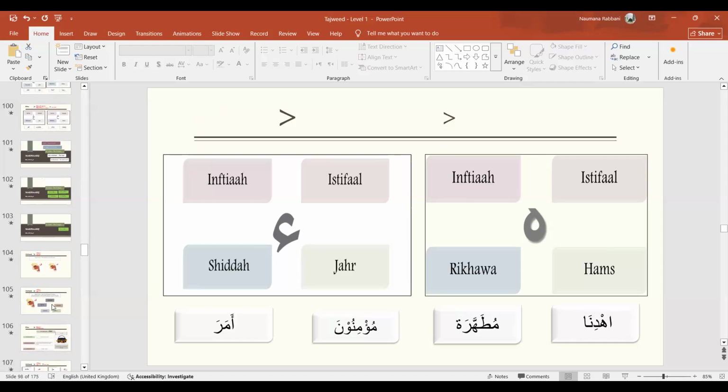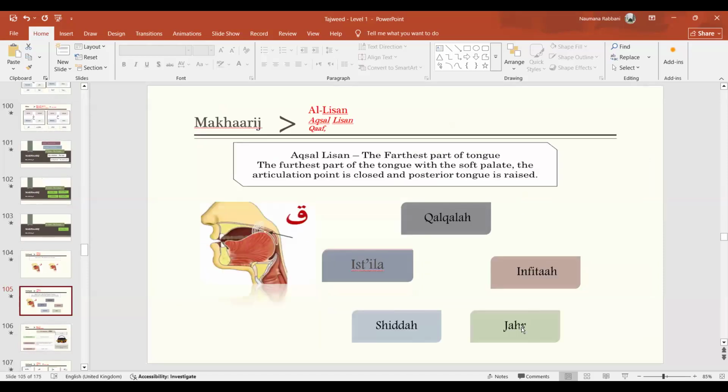But for qaf, because this is further up, there's a sound when the articulation points hit, because of the strength with which they collide. And because the articulation point is closed, when the two separate, there's a sound, and that sound is produced with the process of qalqala.